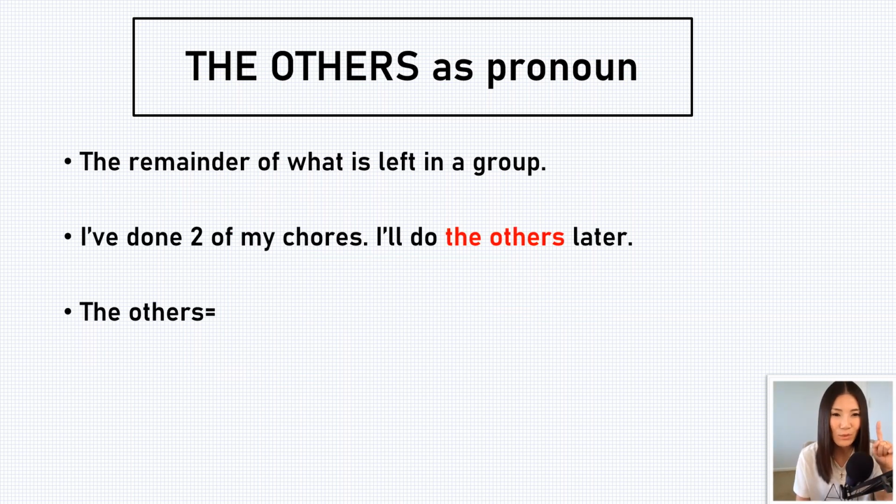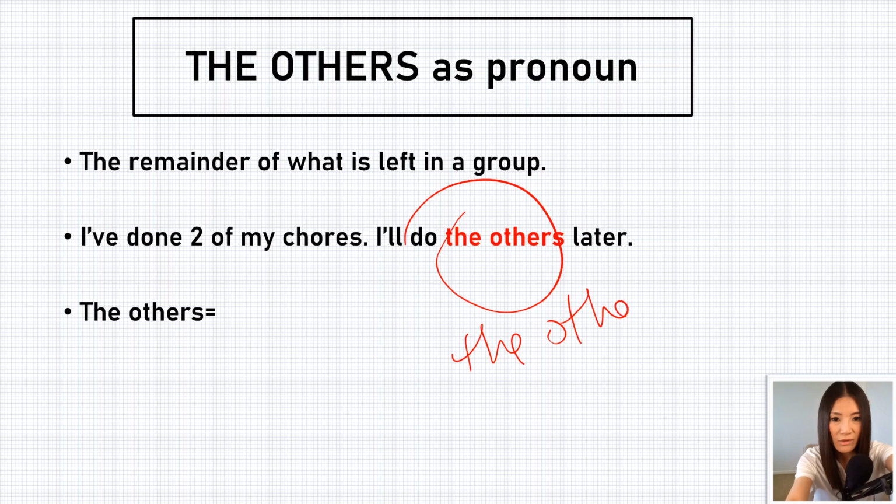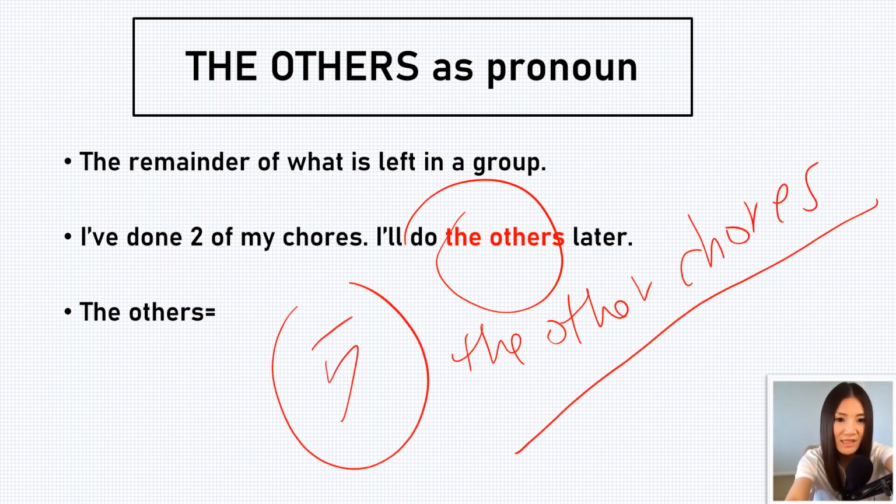This is the last one on our pronouns list. When I say the others as a pronoun, I am talking about the remainder of what is left in a group. For example, I've done 2 of my chores. I'll do the others later. The others is a pronoun that really is substituting for the other chores. So let's say I have 5 daily chores.